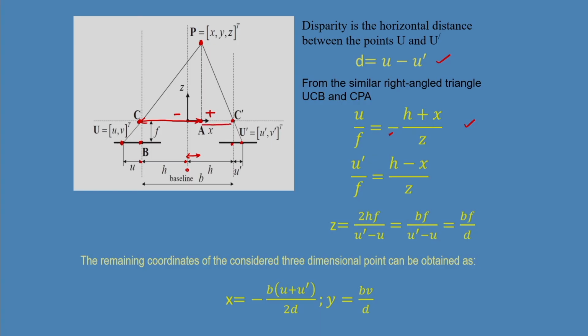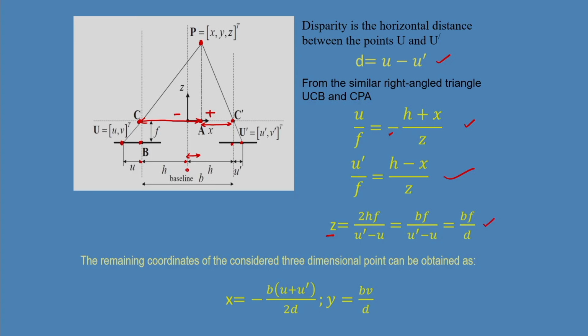This distance is in the positive direction, so it will be h minus x. So that is the case. I am getting these two equations from these two right angle triangles, and from these two equations I can determine the z information. Z is the depth information. Z is equal to B F divided by d, that I can determine.